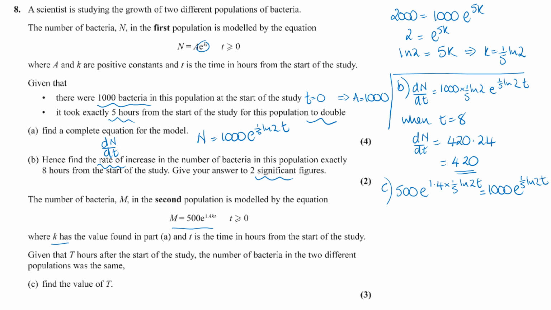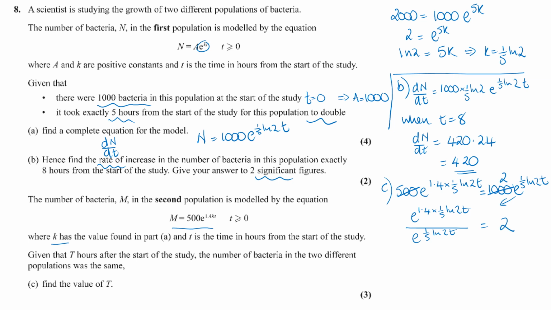Now if we divide both sides by 500, that will cancel and we'll just get a 2 there, and then I'm going to cross multiply and take this e term down, so e to the 1.4 times 1/5 ln of 2 t, and divide by that e term, which is just 1/5 the ln of 2 t, is equal to our 2.